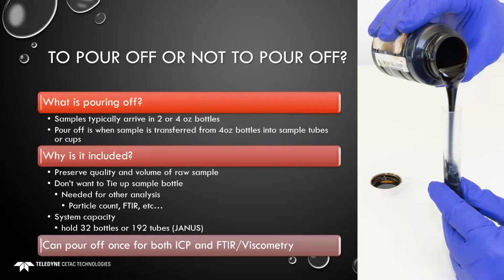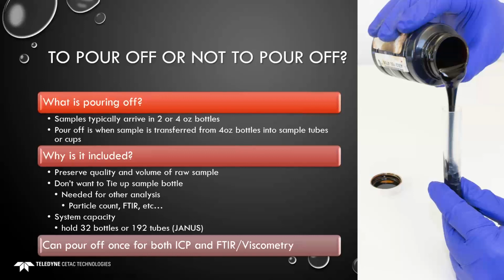Now, in this case, 32 bottles, if you're talking about a 20-second per sample preparation time, you're looking at running that set of bottles in just over 10 minutes. So that's really quick. But thinking about that from my standpoint, you're going to spend your whole time prepping, constantly capping, uncapping, and moving bottles around just to try and keep up with it. But again, it's a workflow question for the laboratory.